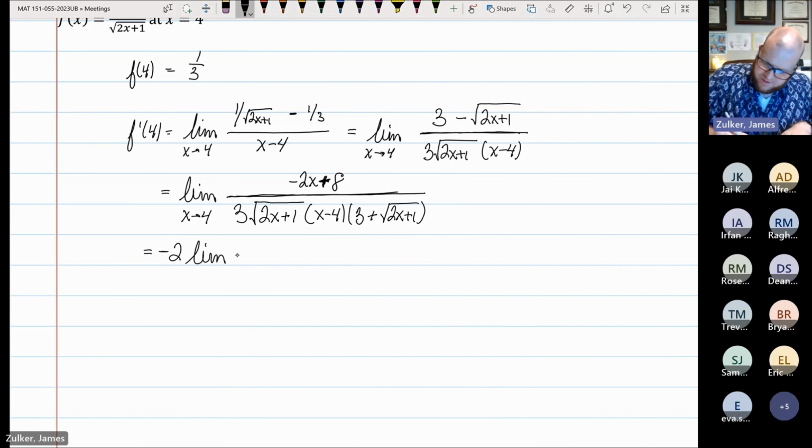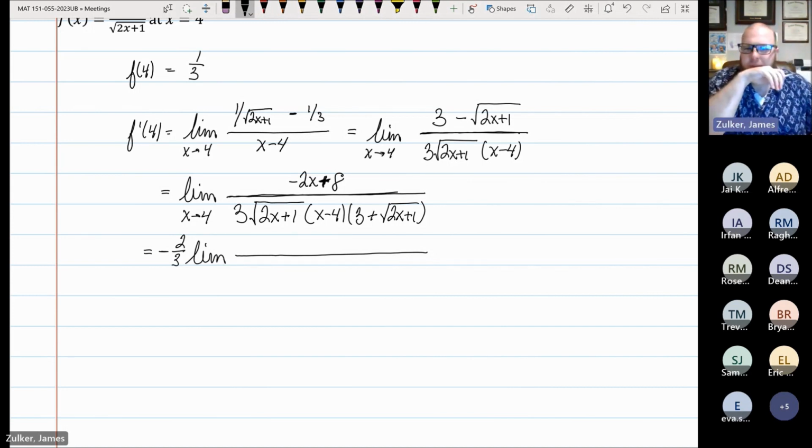Here's the question. Do I want to factor out that 1/3 as well? I think I do. So I'm also going to factor out the 3 from the denominator and just have a negative 2/3 out in front.